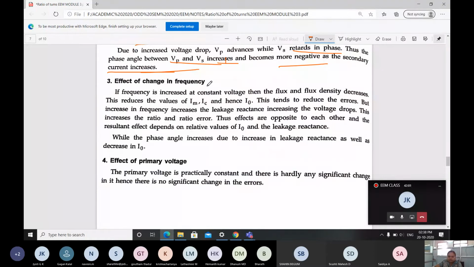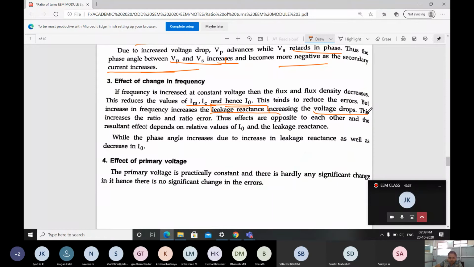The same thing we took previously. If the frequency is increased at constant voltage, then the flux and flux density decrease. This reduces the value of Im, Ic and also I0. This tends to reduce the errors, but an increase in the frequency increases the leakage reactance, increasing the voltage drop.